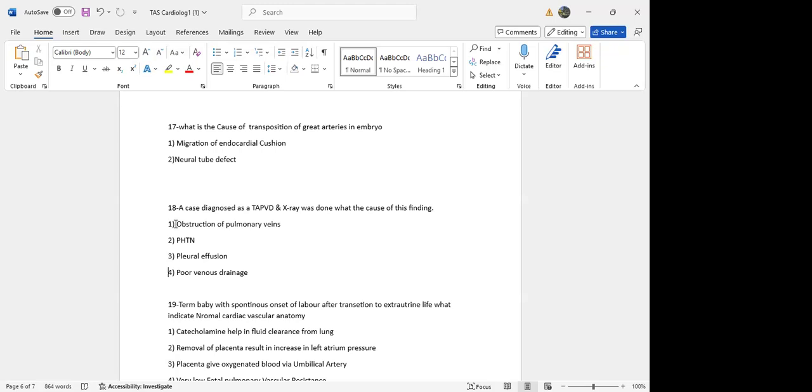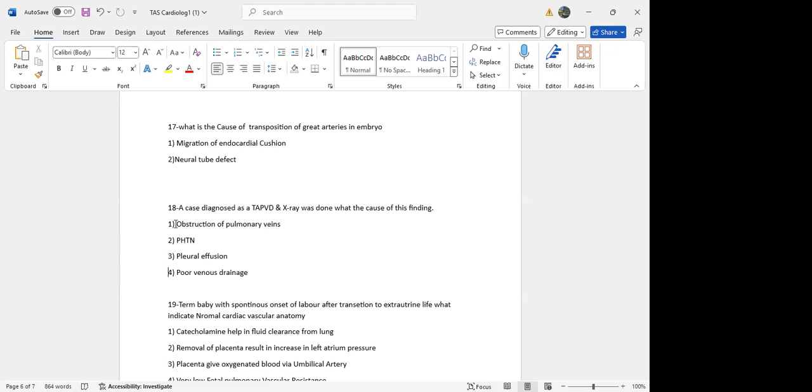They either enter into the superior vena cava, or the right atrium, or they may take a very long course and can open into the inferior vena cava, which we call infracardiac TAPVR. As it takes a very long course, they are associated with obstruction in it.